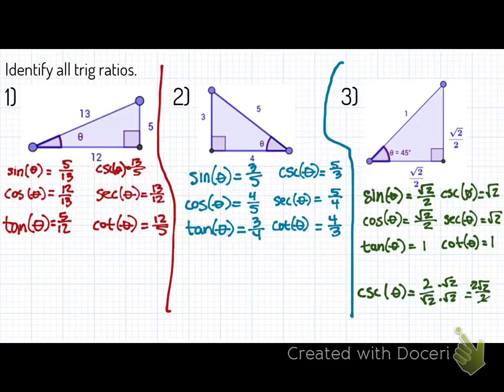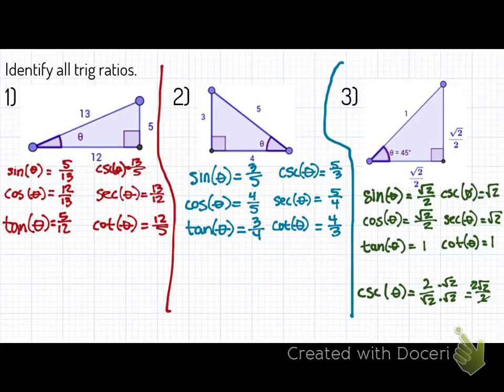Now, cosecant, it's a little bit more crazy. I did the cosecant problem down here as a side problem. Cosecant of theta, it's like saying hypotenuse divided by the opposite, right? But the opposite is rad 2 over 2, so I'm actually going to be multiplying by the reciprocal, so it's going to be 1 times 2 over rad 2, which is 2 over rad 2.